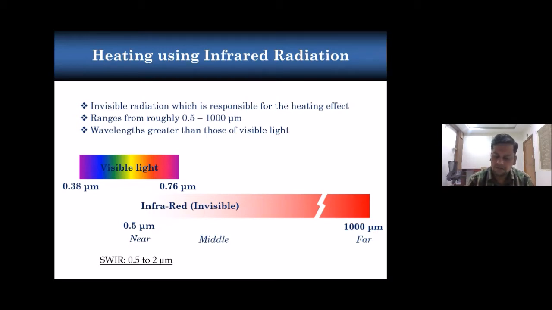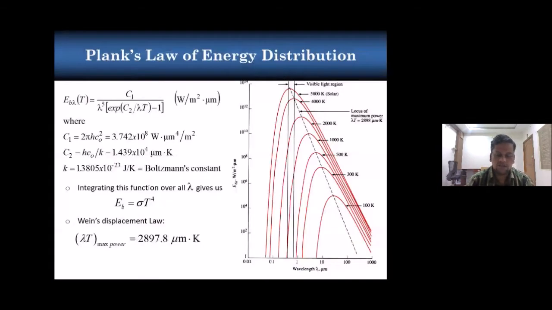Why the short wave infrared is used is because of its energy. We can have a very high amount of energy and temperatures in the lower wavelengths. Now if you see Planck's energy distribution over the wavelength range within the infrared region, you can see this formula, E equal to C1 by lambda to the power of 5.